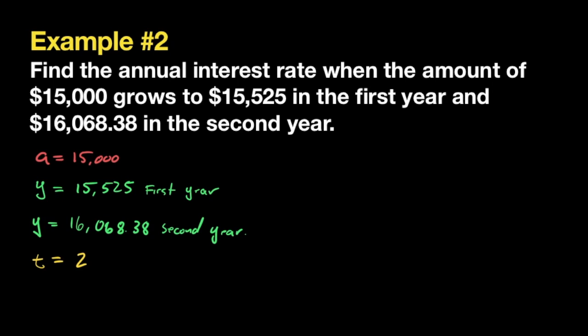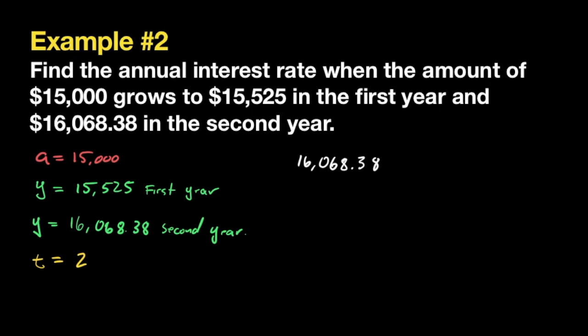So even though we got the first year and the second year, we're going to use the second year, the total. So in our formula, we're going to plug it in as 16,068.38.